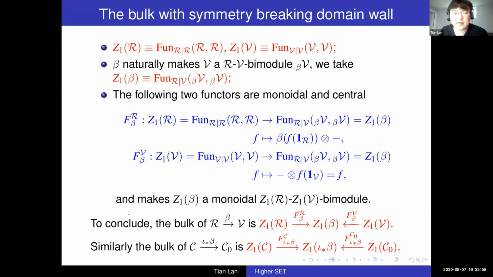So to conclude, the bulk of our beta V is given by these data: the two bulks, the domain wall equipped with two monoidal central functors, and also similarly, you can construct these things for the SET phase on the other hand.